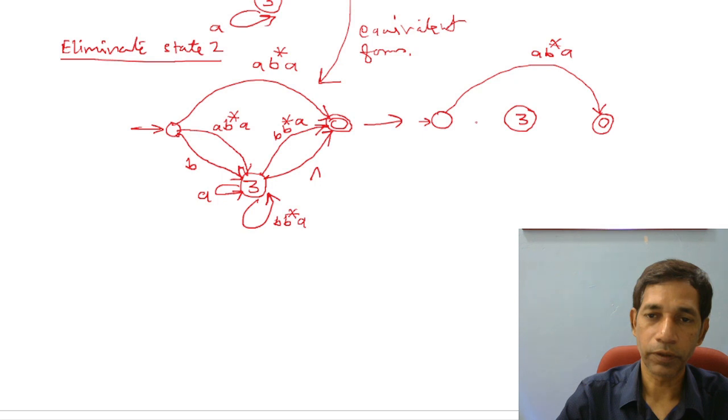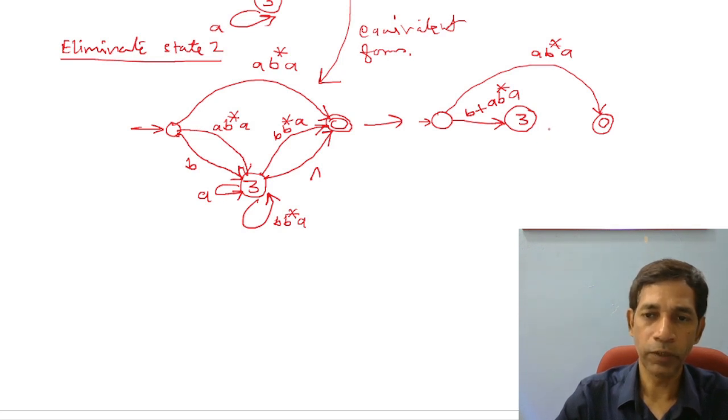So you have the situation like this: one is B, plus A B star A. So you have the resulting edge, you have unified, and on the unification you have added the labels of these two, and the resulting edge from initial to state 3 has the label B plus A B star A.